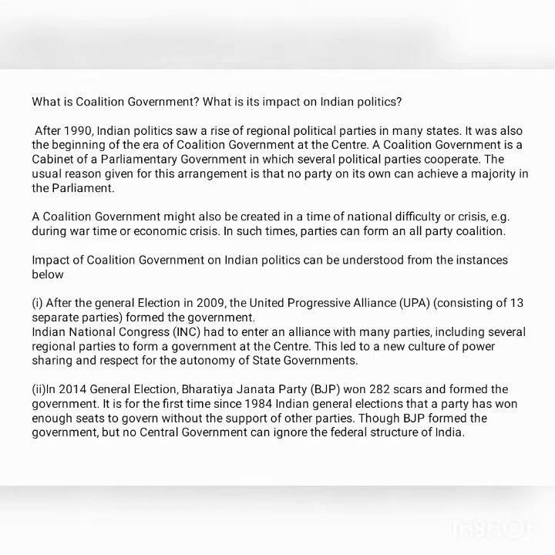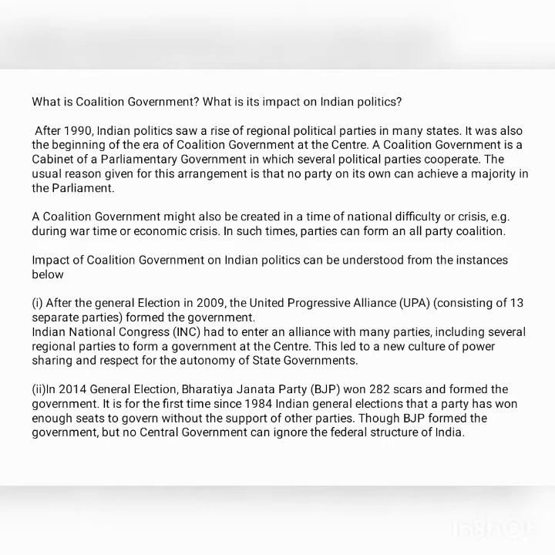Okay, right. And in the 2014 general election, NDA, National Democratic Alliance, headed by Bharatiya Janata Party, won 282 seats and formed the government. And it is for the first time since the 1984 Indian general election that a party has won enough seats to govern without the support of other parties.